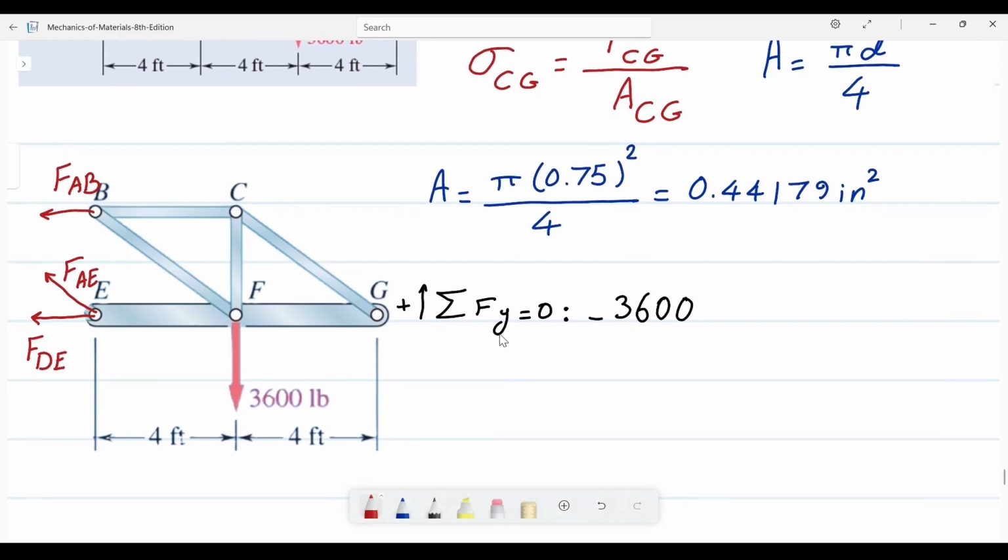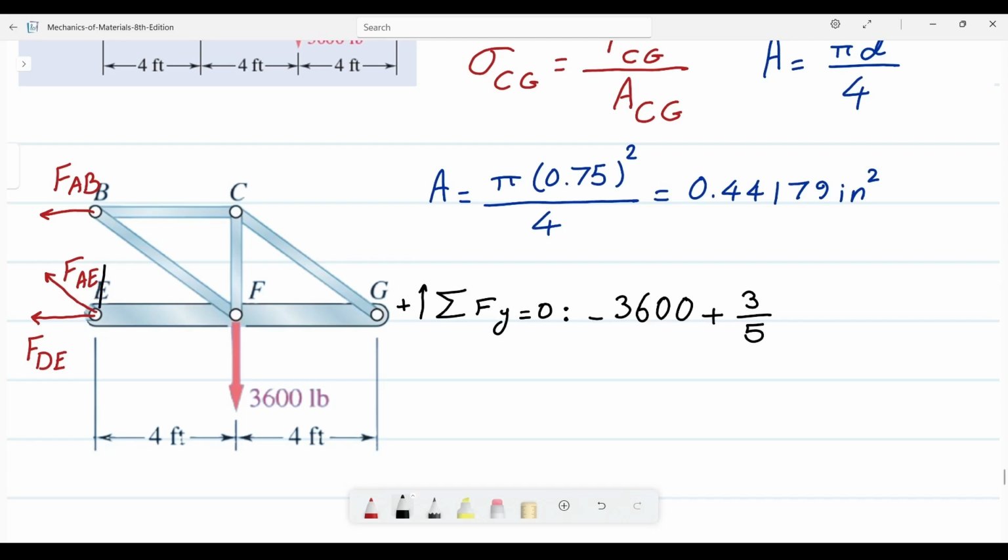For Fy we have just FAE multiplied by 3 divided by 5. It's positive, plus 3 divided by 5.